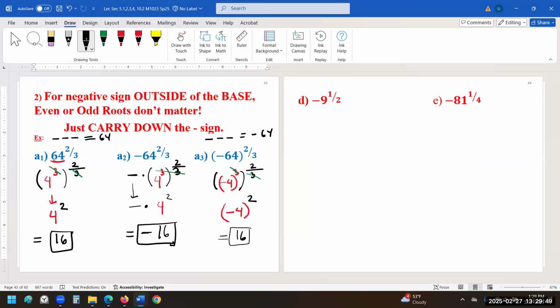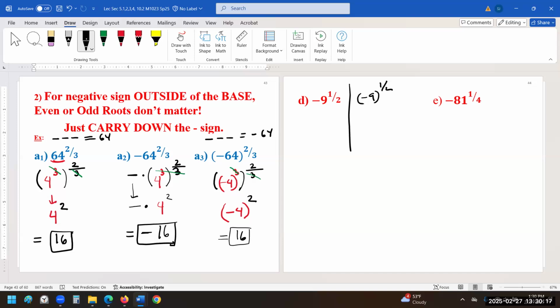Now, what's the difference between -9 with that and -9 with that? The negative sign, one is inside the parentheses, and one is being multiplied to the one that's not in parentheses. So which one has an answer?